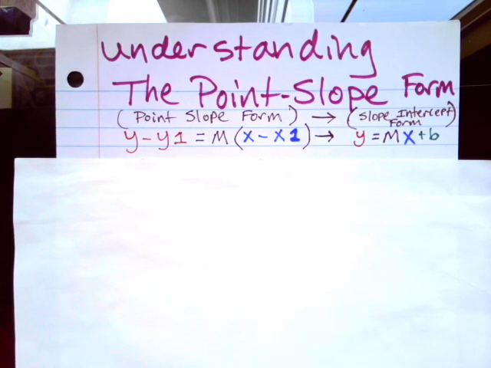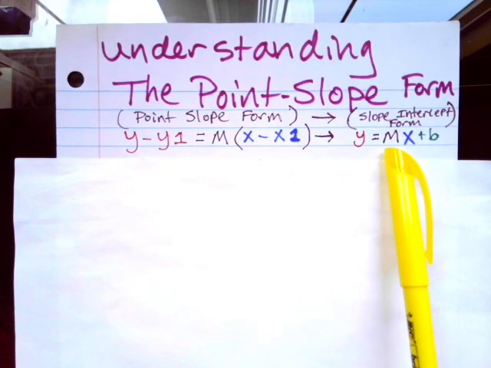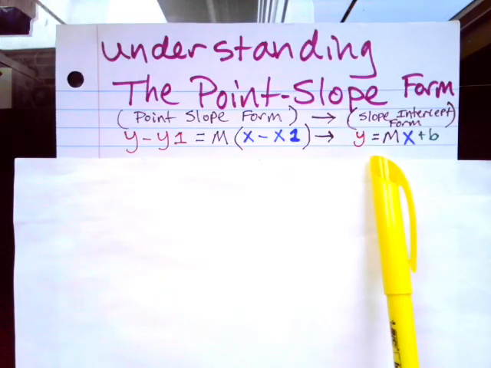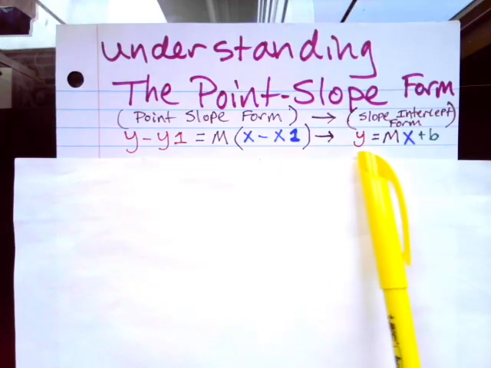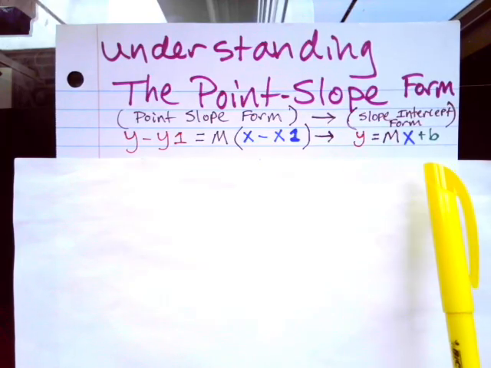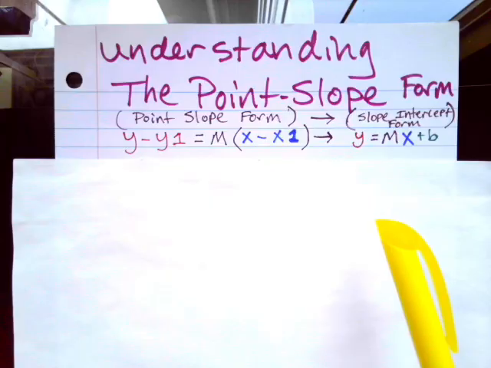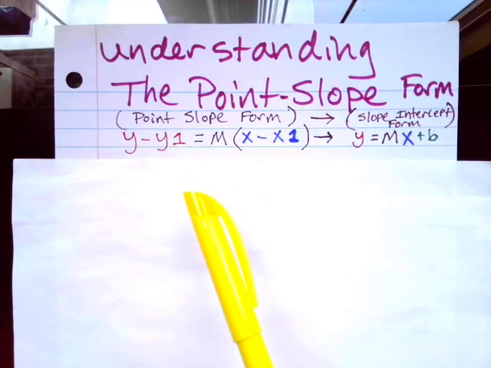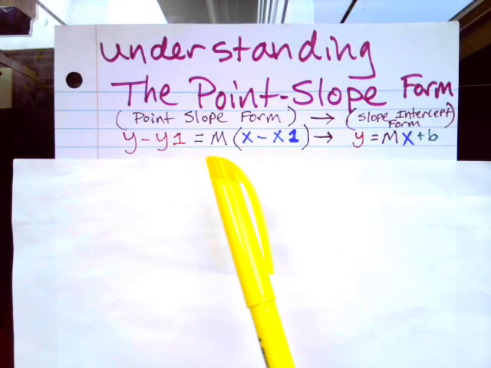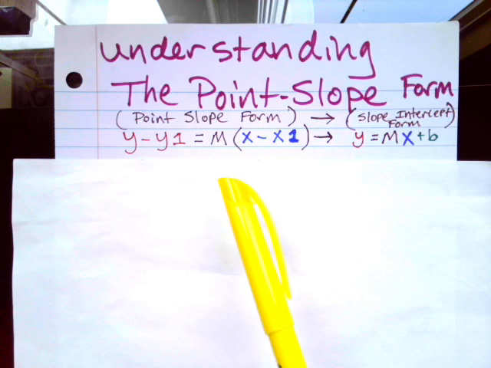I think one of the first things I'd like to talk to you about is slope, which is the m value in this form, and y-intercept, which is the b value in slope-intercept form. We're going to start there, work our way to understanding point slope form, and understand the slope formula and how to use that.